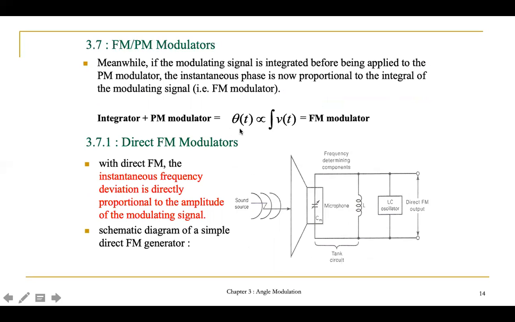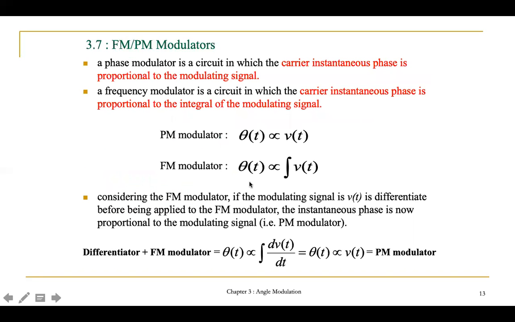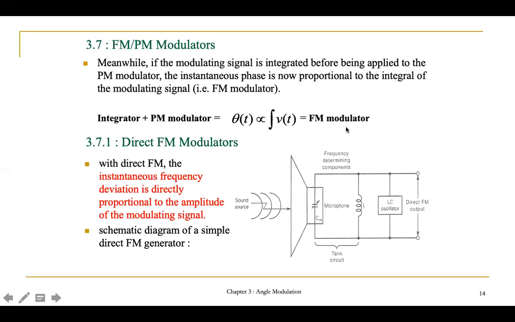If you compare this, it is actually the same as the FM modulator, where theta t is directly proportional to the integral of Vt. That's why we can say that if you have a PM modulator with the addition of an integrator, you actually have an FM modulator.